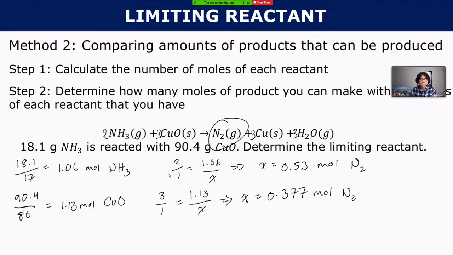What we see here is that the ammonia can make more nitrogen gas than the copper oxide, and that means that the copper oxide is going to be the limiting reactant. With the amount that you have, you can make less. And that is the definition of a limiting reactant. So again, we got that copper oxide is the limiting reactant.